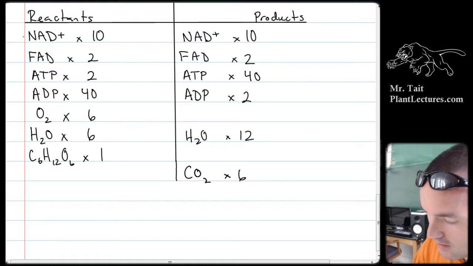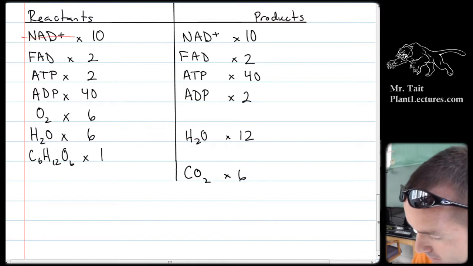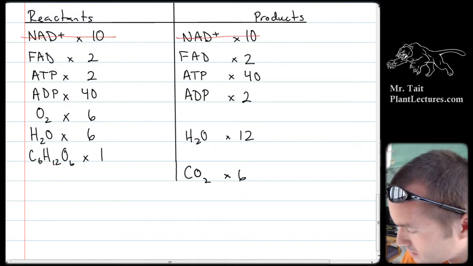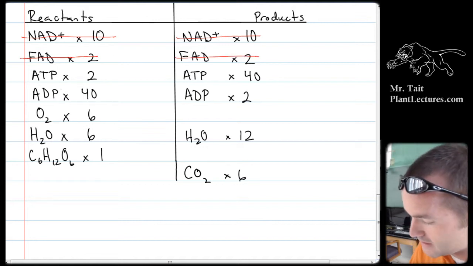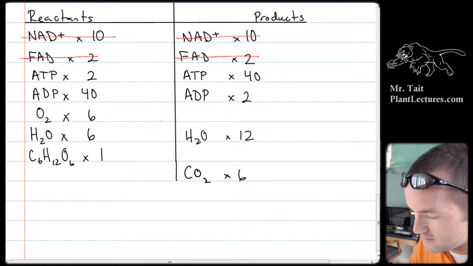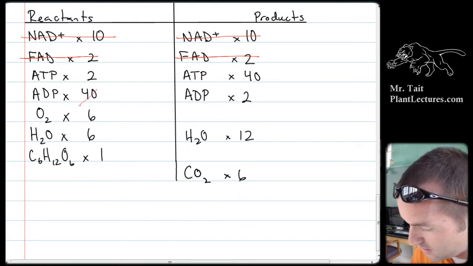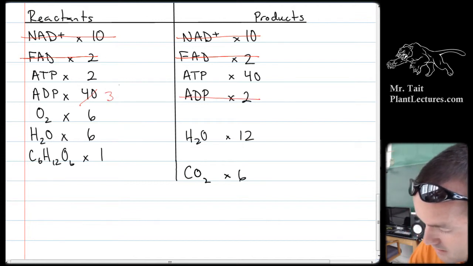All right, ready? So we will cancel out 10 NADs with 10 NADs. 2 FADs with 2 FADs. We can't cancel out anything here, right? We can cancel out, I guess, 2 of the ADPs to make 38.